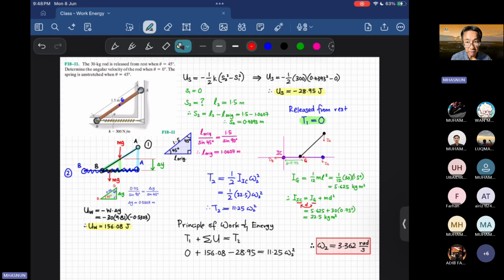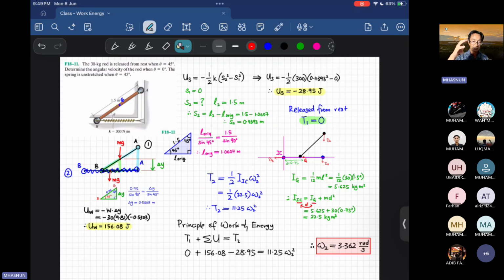You just need to determine what forces is doing work. Dalam contoh yang awal dalam kelas pagi tadi, there is no spring. So force yang buat kerja maybe there is a force F ataupun force P yang di-apply kepada objek tersebut, ataupun sometimes you have moment menyebabkan objek to rotate. So that is the force that you need to look at, whether dia buat kerja ataupun tidak.